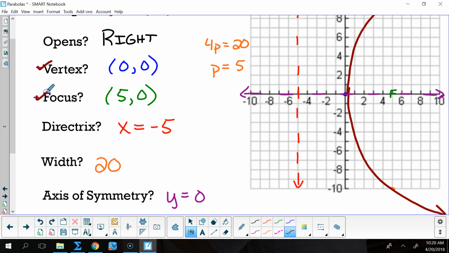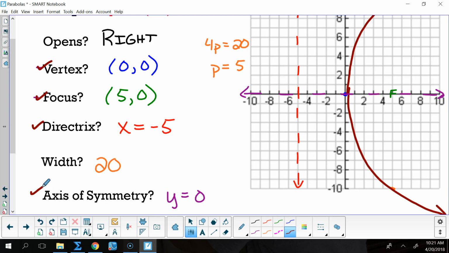What's the focus? What's the directrix? And what's the axis of symmetry? For sure, I would ask you those 4 questions. The 4 different parts of that graph. So it helps to do it that way every time.